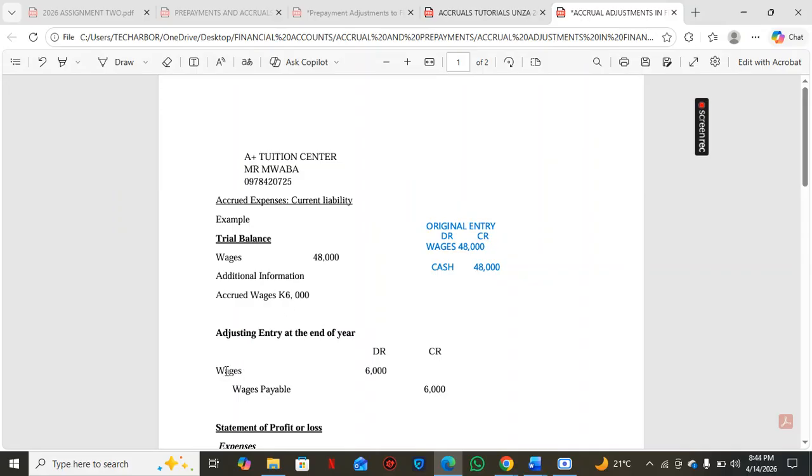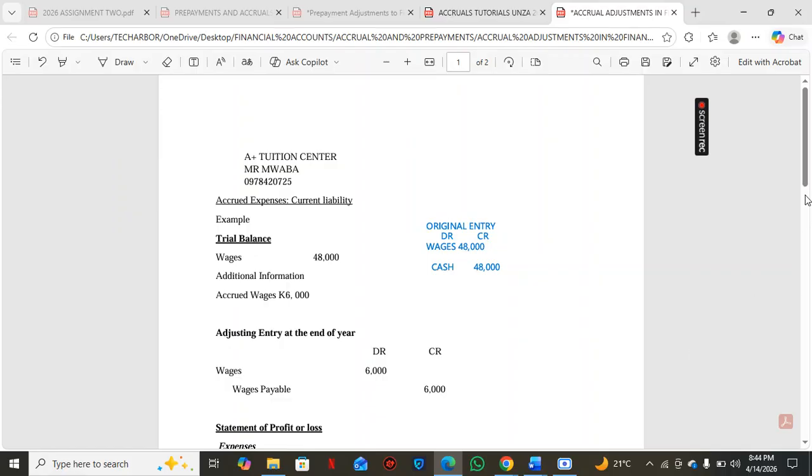So again, you debit the wages account 6,000 to include these wages which need to be paid. Then you credit wages payable or accrued wages. Remember, an increase in a liability, you credit.